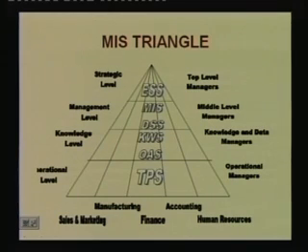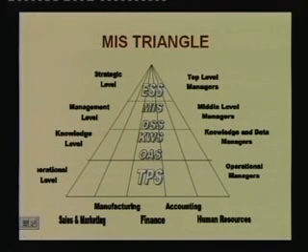Various types of information system that support these various levels of management are the transaction processing system, TPS, office automation system and knowledge work system, that is OAS and KWS, the decision support system and management information system, that is DSS and MIS, at the middle level of managers, and finally the executive support system for the top level of managers.